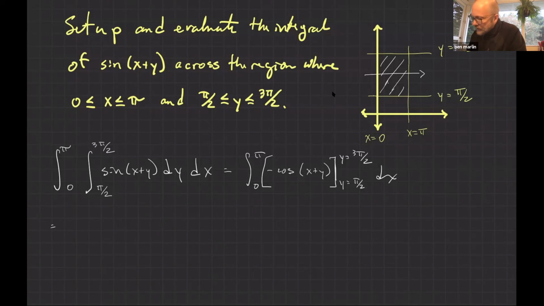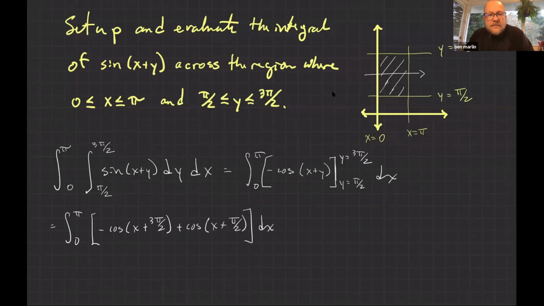So plugging in here, I'm going to plug in the 3 pi over 2 and have minus cosine of x plus 3 pi over 2 minus negative cosine of x plus pi over 2, and then dx. Okay. Now, we can do u substitutions on those, but again, you're masters of u substitutions, so this shouldn't be super hard. 0 to pi, oh, what am I doing? I don't have to write that again.